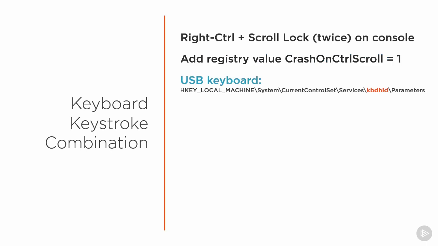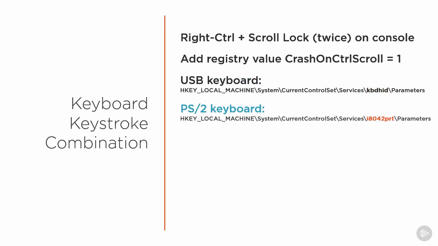Here we have a USB keyboard, so we'll add that CrashOnCtrlScroll parameter to the following: HKEY_LOCAL_MACHINE\System\CurrentControlSet\Services\kbdhid, that's the keyboard human interface device, \Parameters. Just add the CrashOnCtrlScroll as a REG_DWORD and set it to a value of 1.